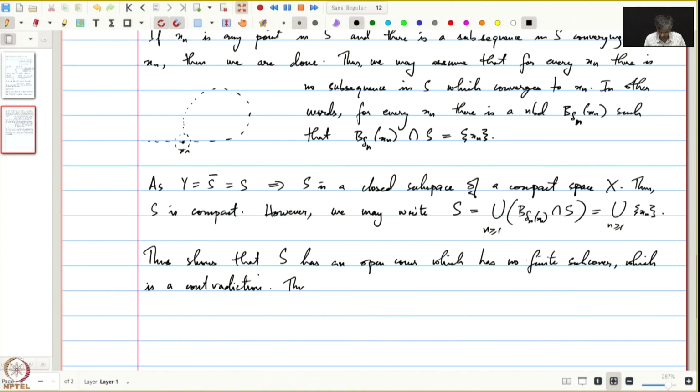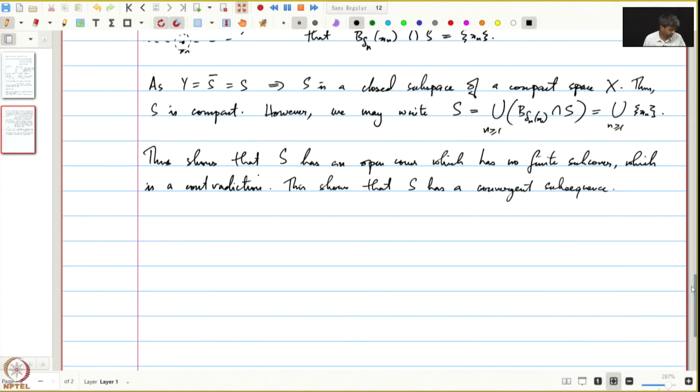So this shows that S has a convergent subsequence. Okay. So now let's prove the converse. So to prove the converse, next we prove the converse.